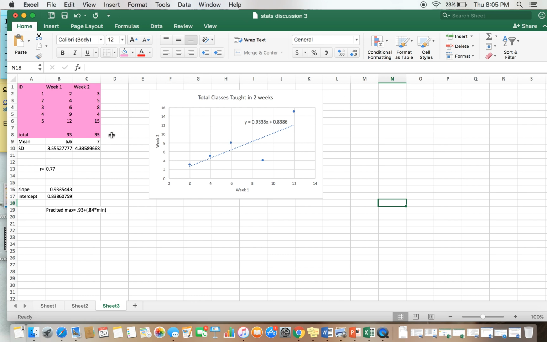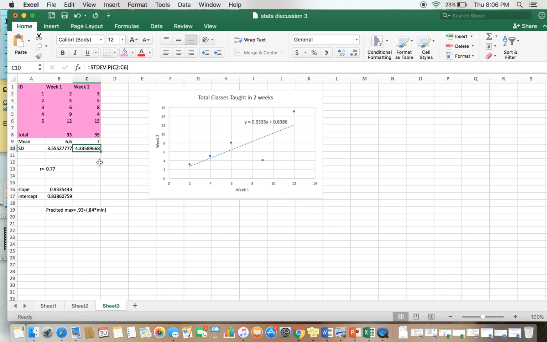So the first thing I did was I took the mean of all of these. I put in the average, C2 to C6, to get the means of both of these. So these are our means. And then from there, I took the standard deviation using the STDEV.P for all of these numbers, because Excel is so awesome and does all the math for you.